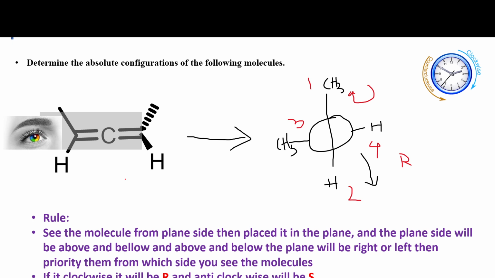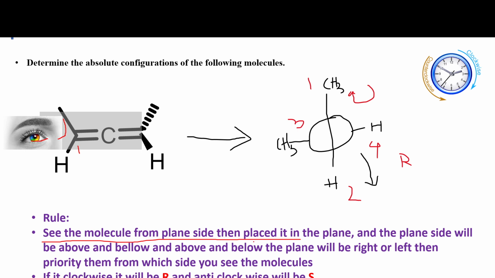Now for the allene system. From the allene system, how can we determine the RS nomenclature? For the allene system, we have to see the molecule from the plane side.